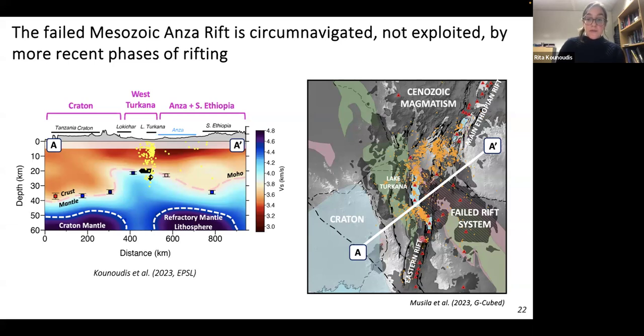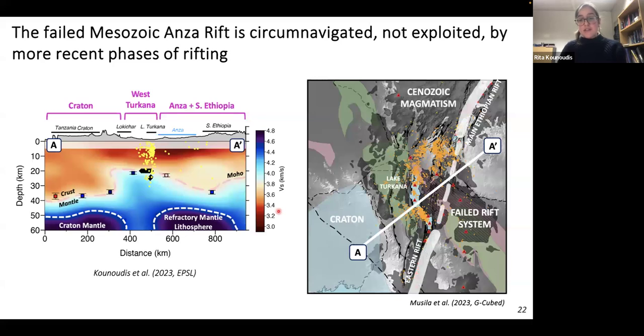So, for example, all of the rifting below the lake is focused to the west and below the lake in the Turkana Depression. So we can see that in our tomographic models. So all of the slow wave speeds are located right below the lake and to the west of it. However, below Anza, further east, we have faster wave speed mantle. So it doesn't look to have been modified.